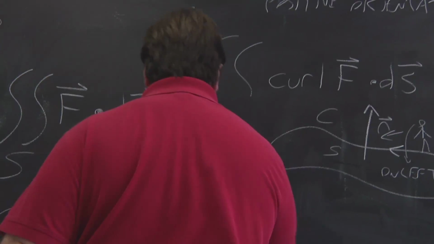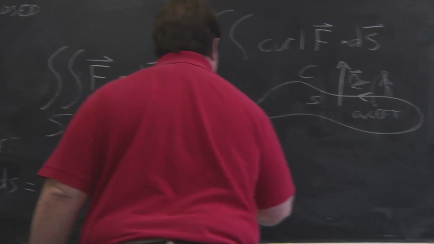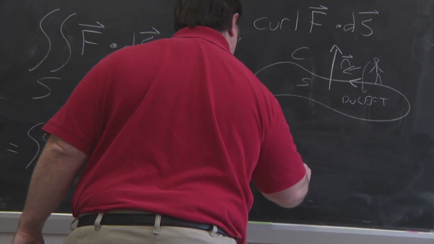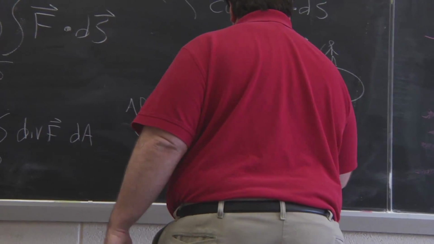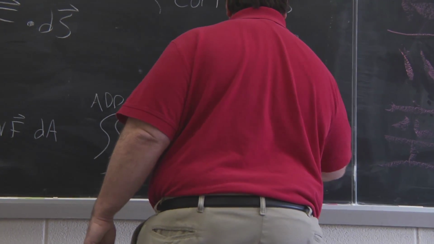You put all this together and you get the integral over the surface of f dotted with the surface's normal vector, and that is equal to the triple integral over the solid of a divergence of f.